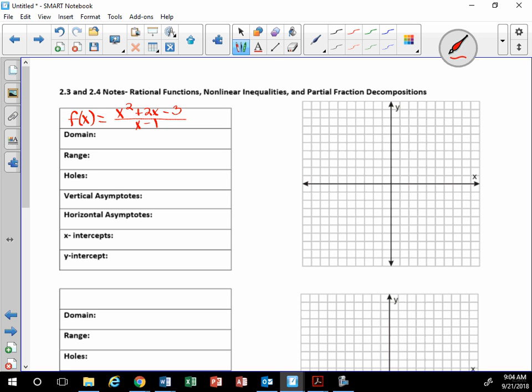How's this one going, guys? Good? Kind of weird. Kind of simple. Do we have a hole this time, guys? Yes. What does that leave you with after you cancel out? What kind of graph are you left with?